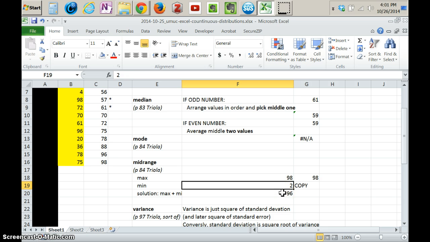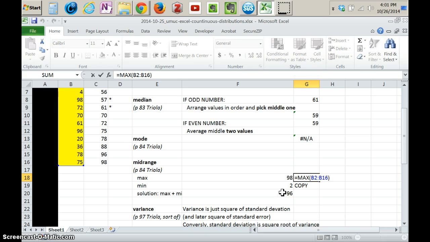So then I started to wonder, because these aren't Excel formulas I've used before, is there a max and a minimum formula? Well, it turns out there's a max formula. And really what I wanted to know first is there a mid-range formula? Well, I tried equals MID, and no, that doesn't look right. Mid-range, didn't see anything.